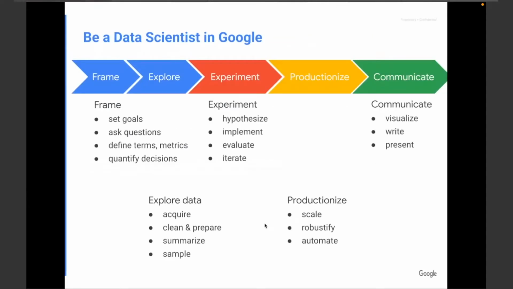Before I start to talk about the technical part in this deck, I think it might be interesting to explain a little bit what a data scientist does in Google. Whenever we take on a project, the first phase might be to frame the analytical questions. Usually the question coming to me is a business question.